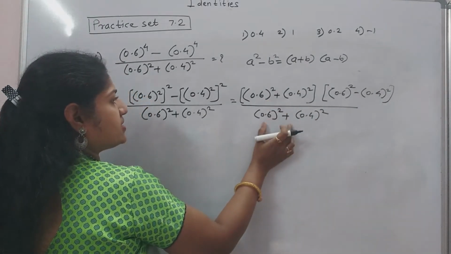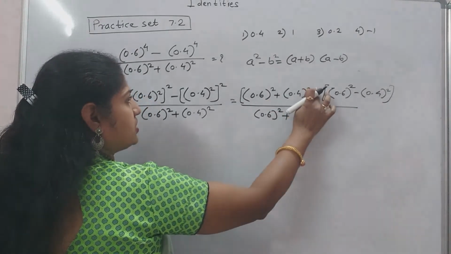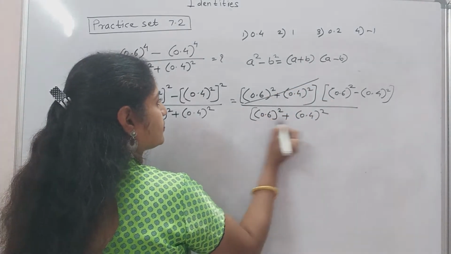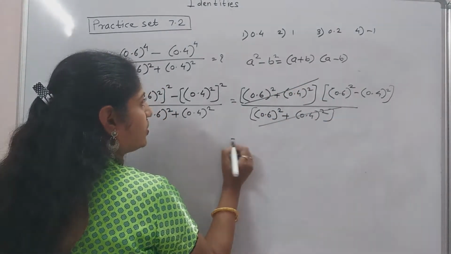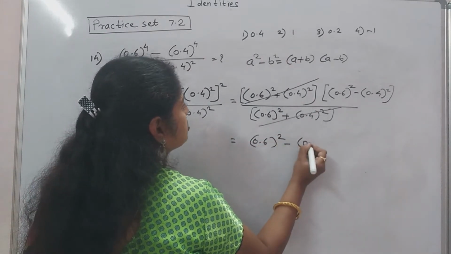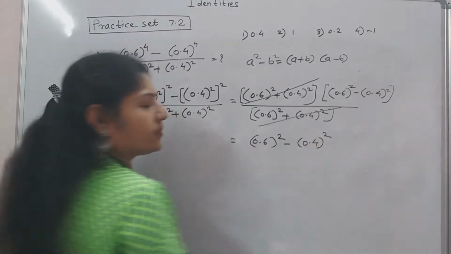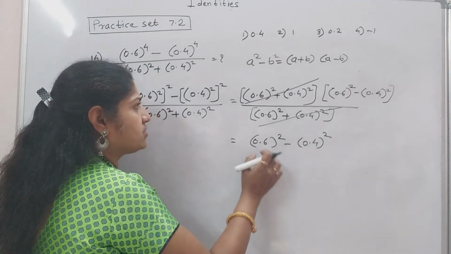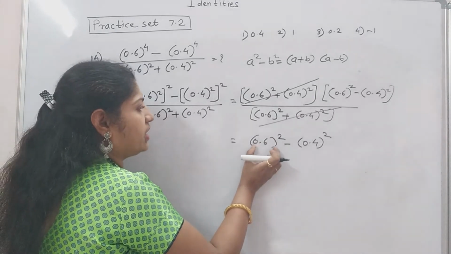Now these two brackets are equal, so numerator and denominator cancel. The remaining is (0.6) square minus (0.4) square. We can solve this in a similar way. This is the a, this is the b.